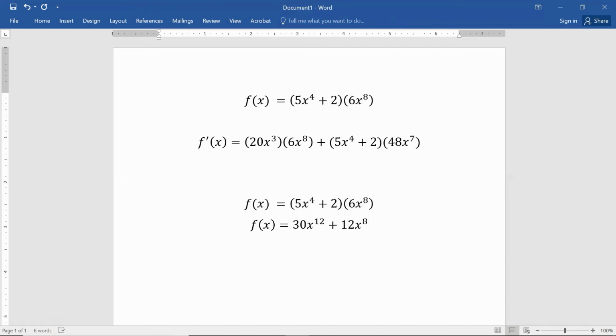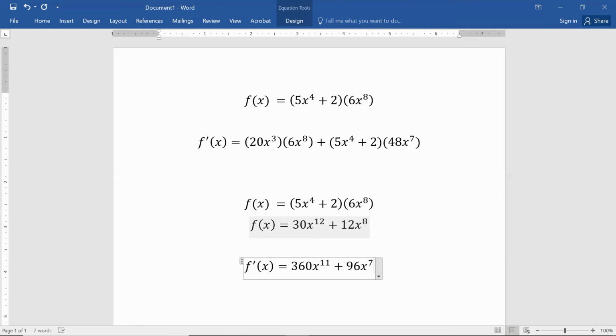Now let's take a derivative of that function. Remember, this is just a rewrite of f of x. So now I take a derivative of that. 30 times 12 is 360 x to the 11th plus 12 times 8 is 96 x to the 7th.